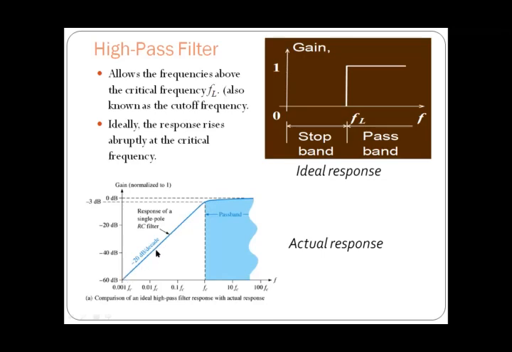So this is the response of the high pass filter. Attenuation in the stop band is around minus 20 dB per decade, as we are considering here a first order filter. And this is the stop band section.